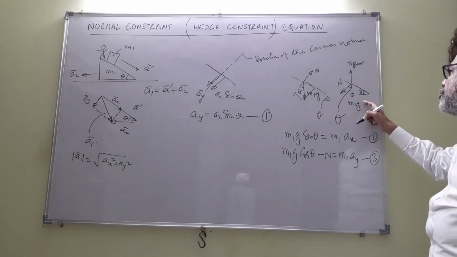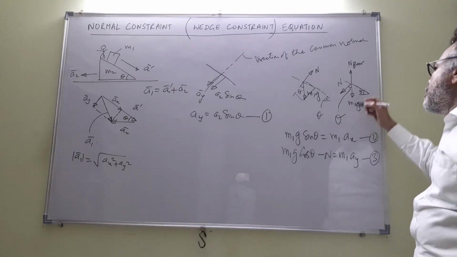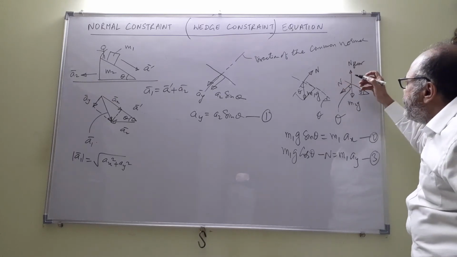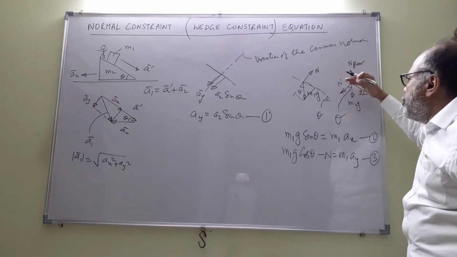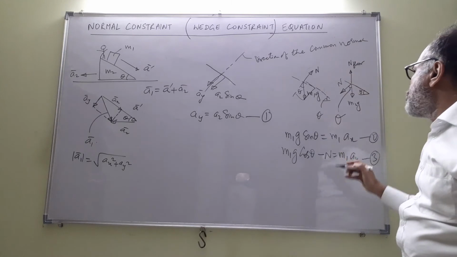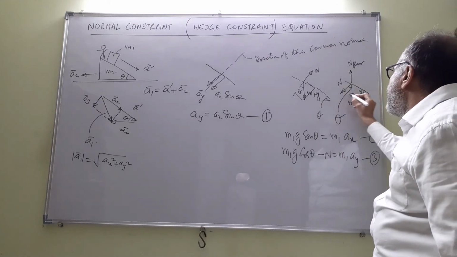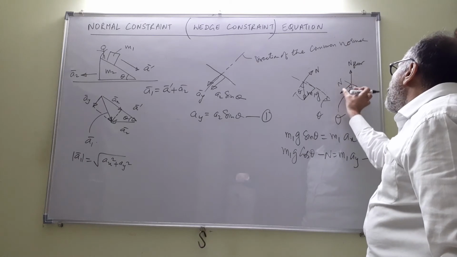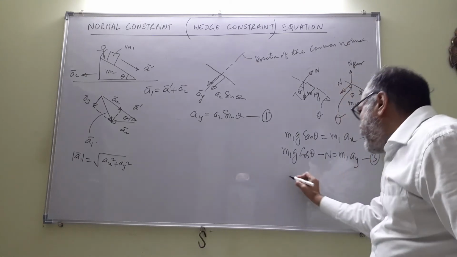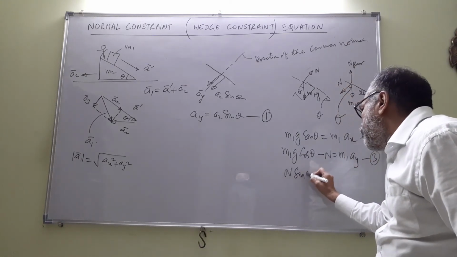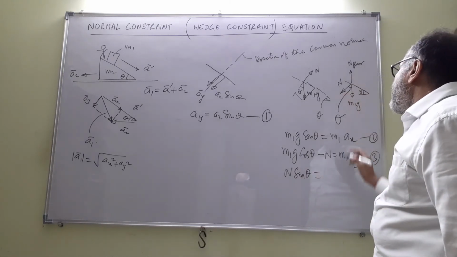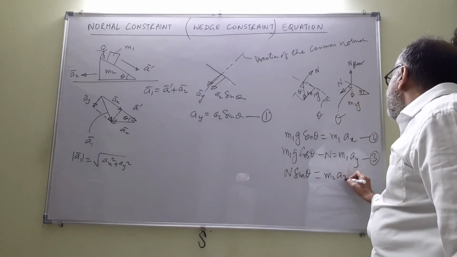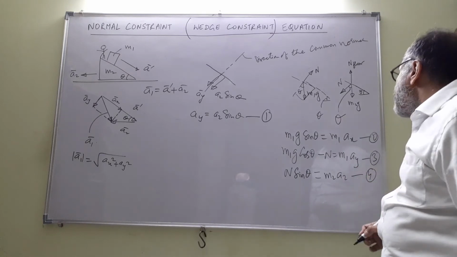For the wedge, it is N sine theta which is going to provide the necessary horizontal force. If I complete the rectangle here, the opposite side is horizontal. So N sine theta will be equal to m2 into a2. That is the fourth equation.